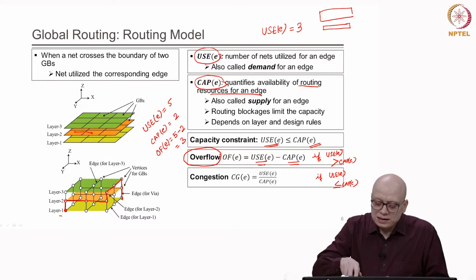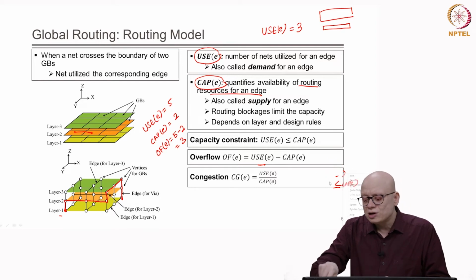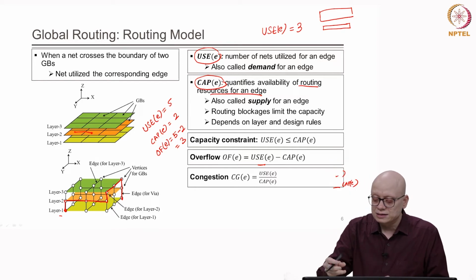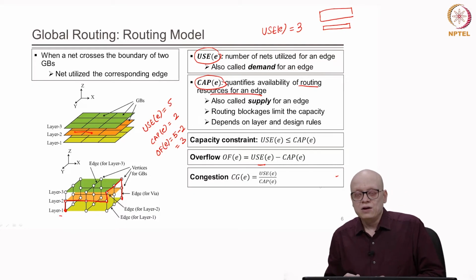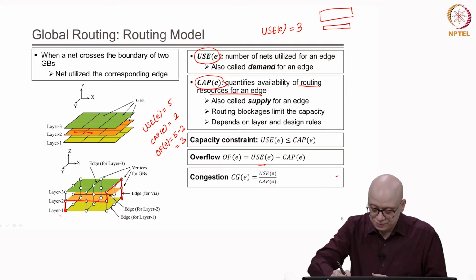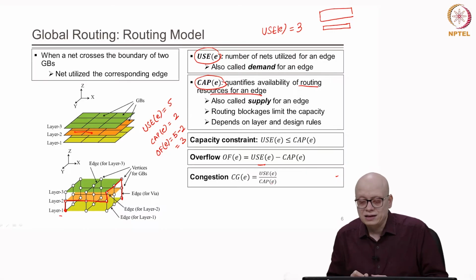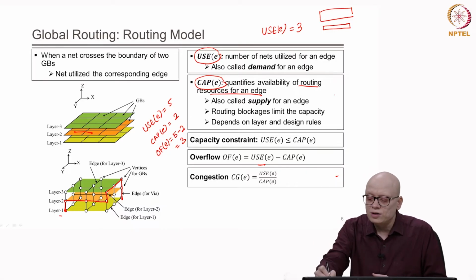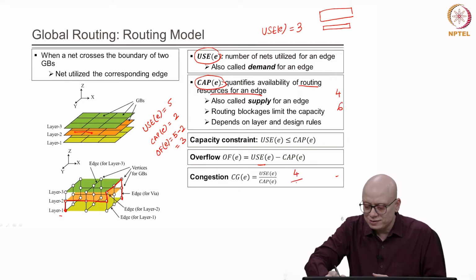And then if there is no overflow and we want to quantify which routing path is better than the other, we use a measure known as congestion, right. Now, how do we define congestion? We define congestion as use divided by capacity. For example, if the use was 4 and capacity was 6, the congestion will be 4 by 6.